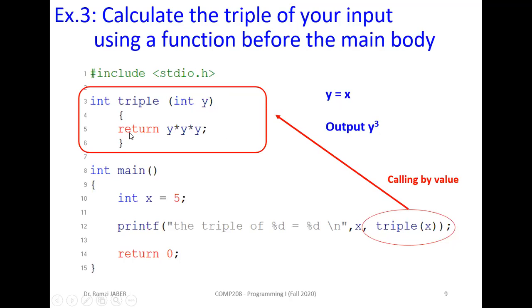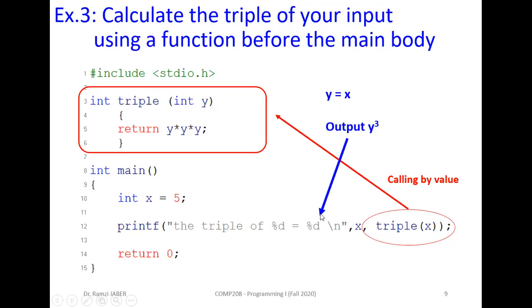The output will be return. It's not a printf. It's return y times y times y, means 5 times 5 times 5. The output will be y cube and return to %d here.